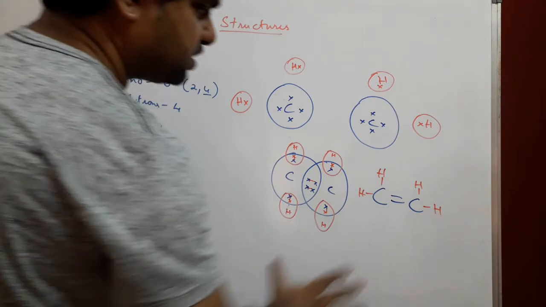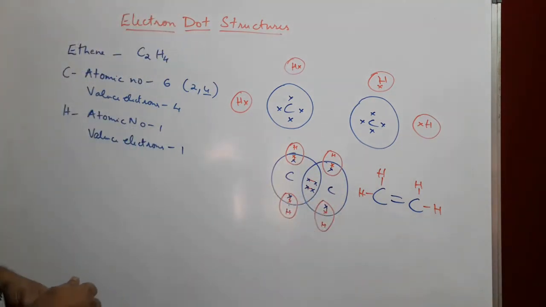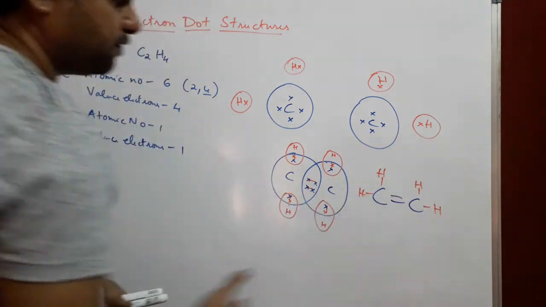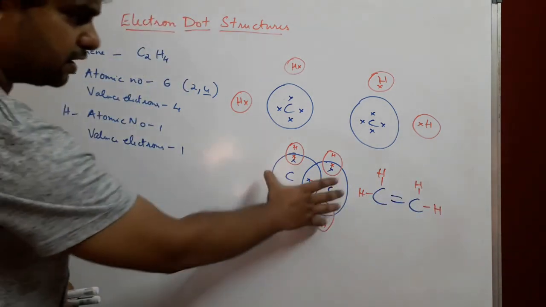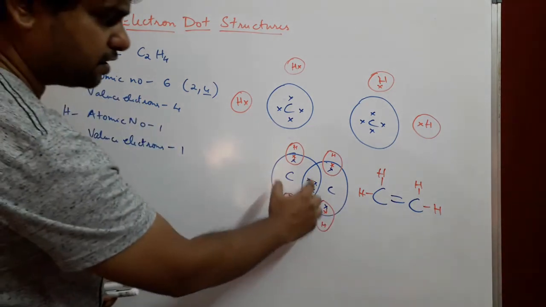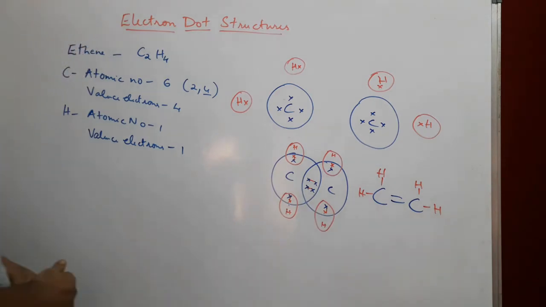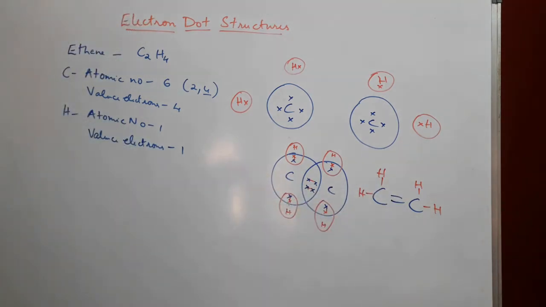How we get such a structural formula without drawing the electron dot structure, we'll do in another video. For now we just focus on the electron dot structure, and we have got the structure of ethene, which is a double bond hydrocarbon with 4 hydrogen atoms and 2 carbon atoms. And last we'll find out the electron dot structure of ethyne.